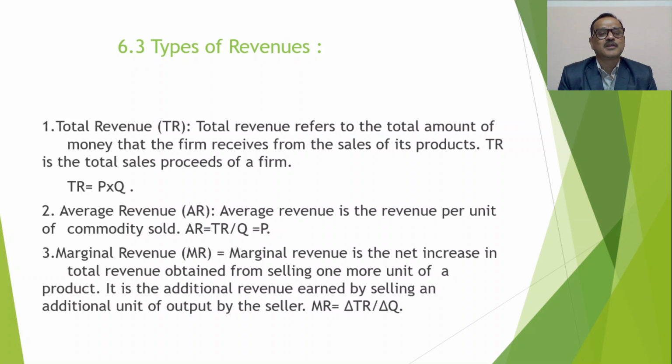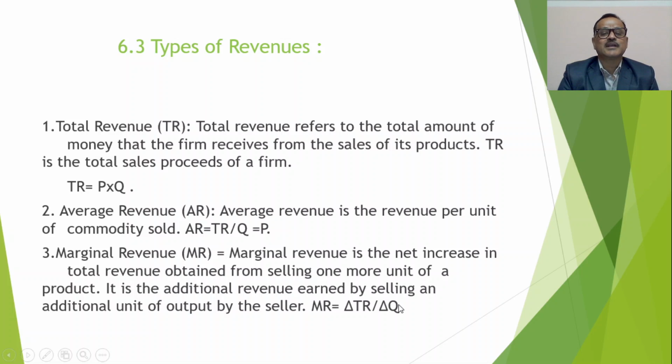Marginal revenue, MR. Marginal revenue is the net increase in total revenue obtained from selling one more unit of a product. It is the additional revenue earned by selling an additional unit of output by the seller. MR is obtained by dividing change in total revenue by change in quantity.